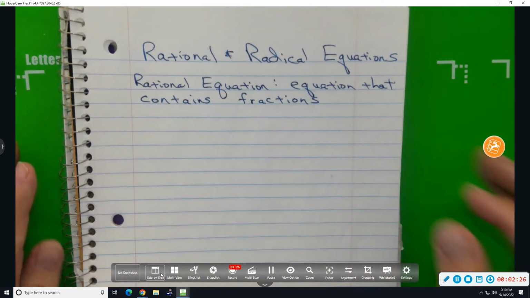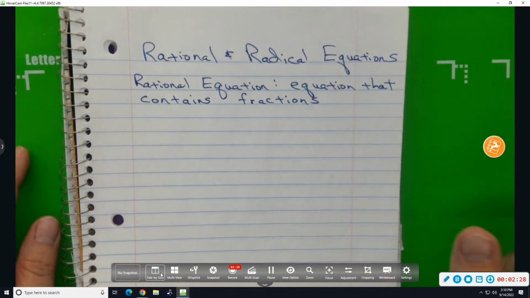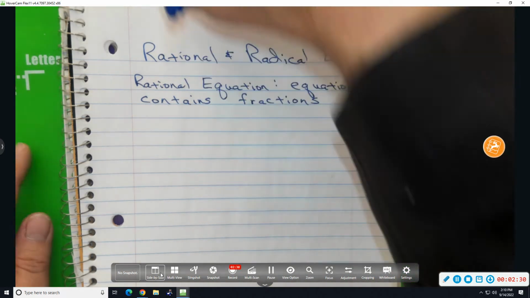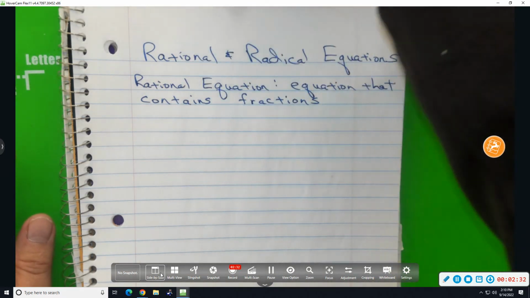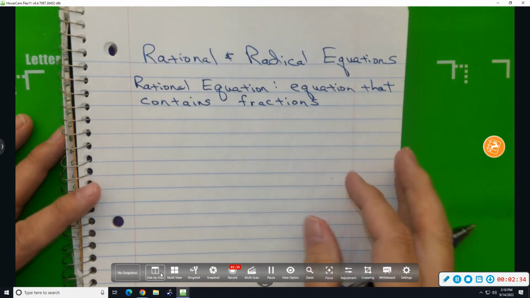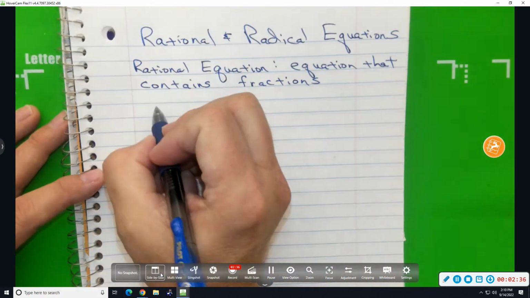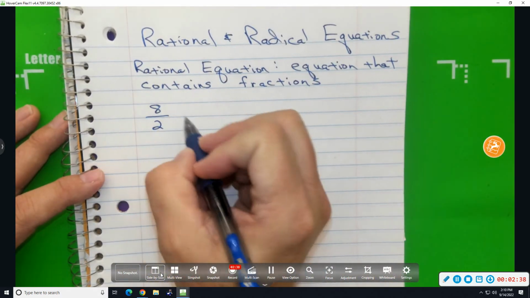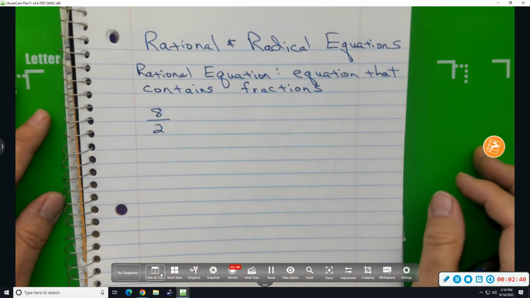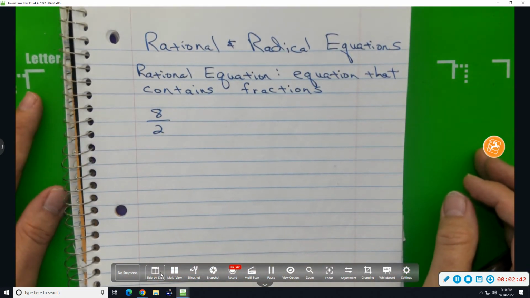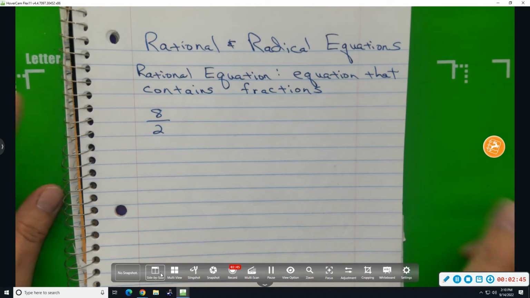Now, fractions aren't always defined. Let's just think of rational numbers, okay? Something like 8 divided by 2. Back in elementary school, what did you learn first? Multiplication or division? Multiplication.